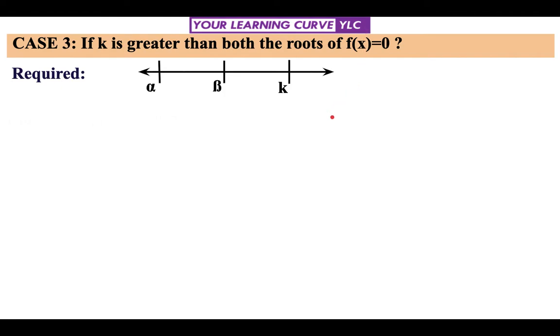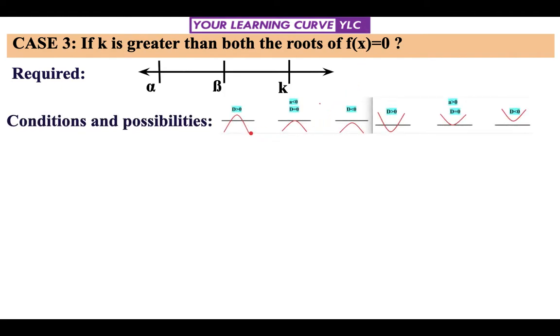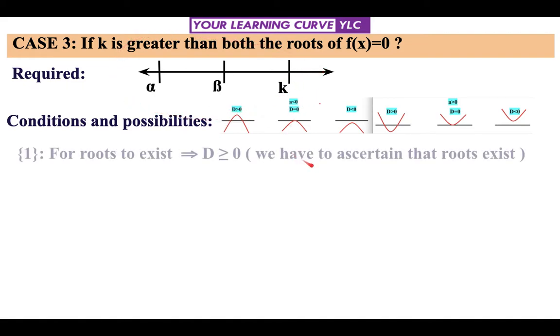So let's start. All the possible cases of the quadratic function f(x) = 0 are these 6. For a less than 0, we have got 3 possible graphs, and for a greater than 0, we have got 3 possible graphs. Out of these, we will select what conditions are required to make sure that this is our required case.